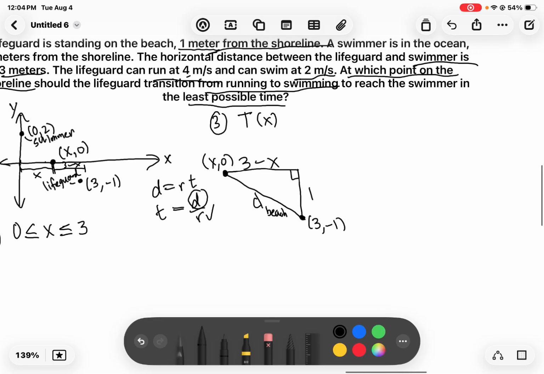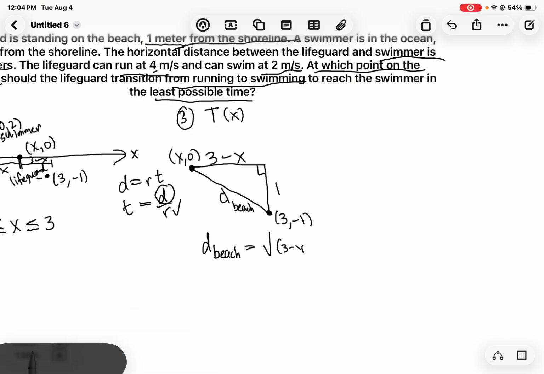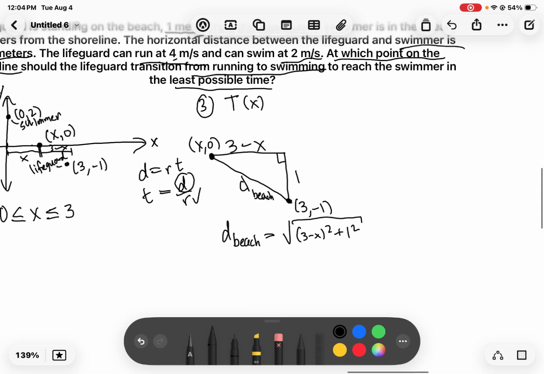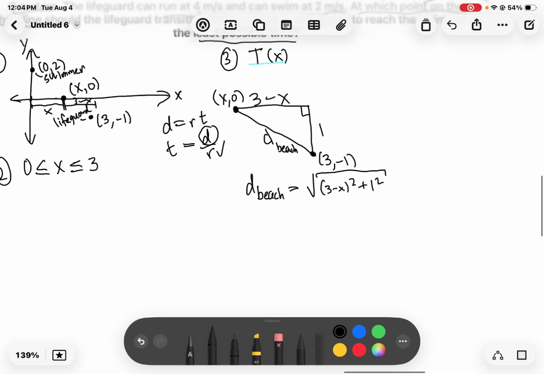So by the Pythagorean theorem, the distance on the beach is equal to the square root of (3 minus x) squared plus 1 squared. Good. Now let's do a similar thing for the distance in the ocean.